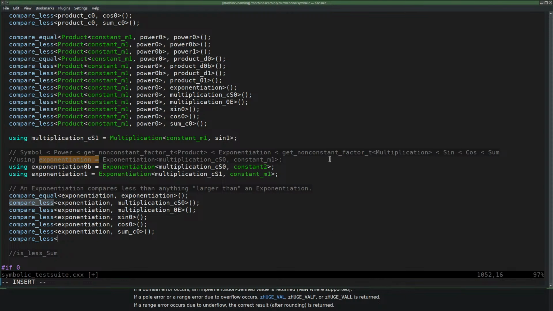Okay, so this one should be less than this one, because they have the same base, but the exponent is less.